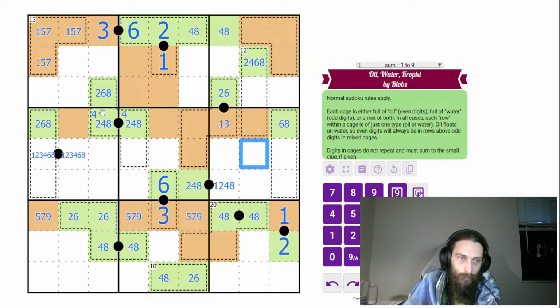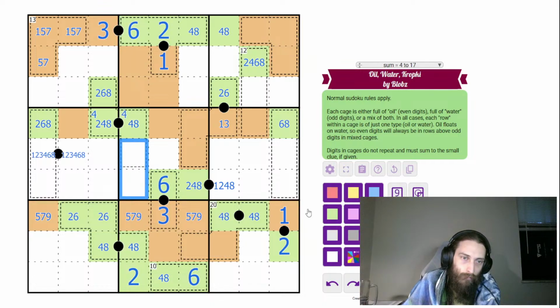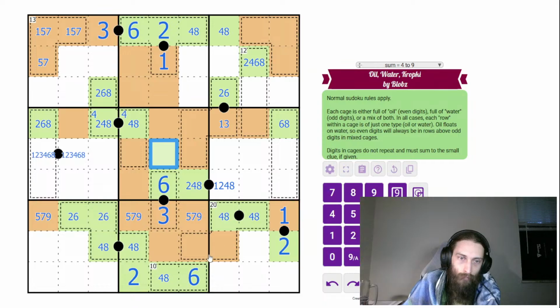In box 8, the other even has to be 2 or 6, and it can't go in the center because it sees 2 and 6. And that resolves the evens in box 8 because of the 10 cage.